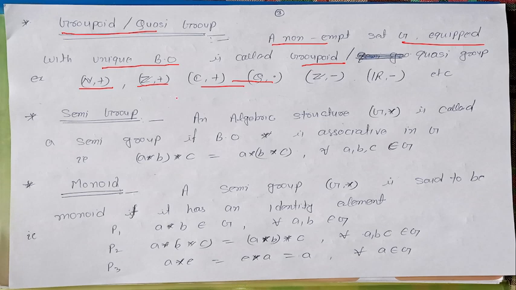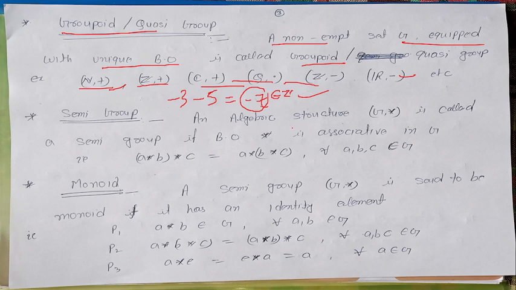Like if you take the two numbers -3 and -5, then we get -8, and -8 also comes from Z. Then we can say that this holds the closure property, or binary operation, and so it is called a groupoid. You can simply verify the other examples also.